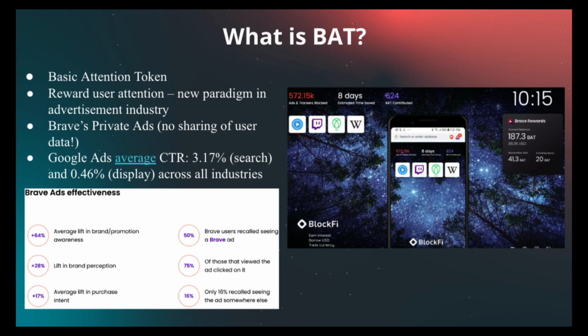And on top of that, ads are opted out as a standard whenever you install the Brave browser. So you have to make the choice to opt in, and that may seem like a small thing, but it has some interesting results.